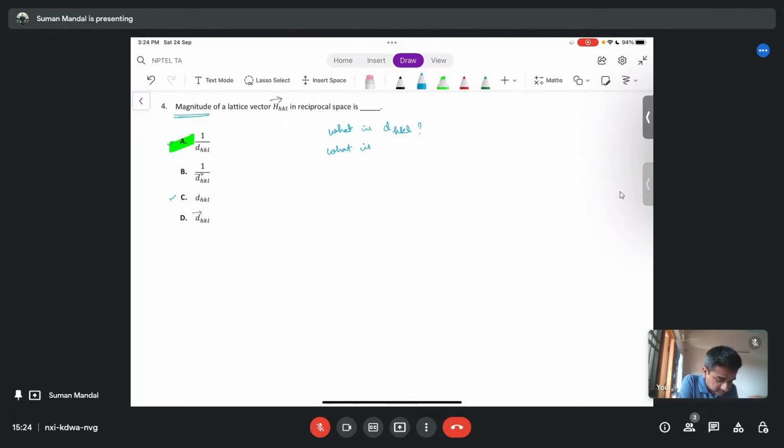What is this vector? So we have these two terms. Let's study them one by one. Let us start with the reciprocal lattice vector H bar HKL.